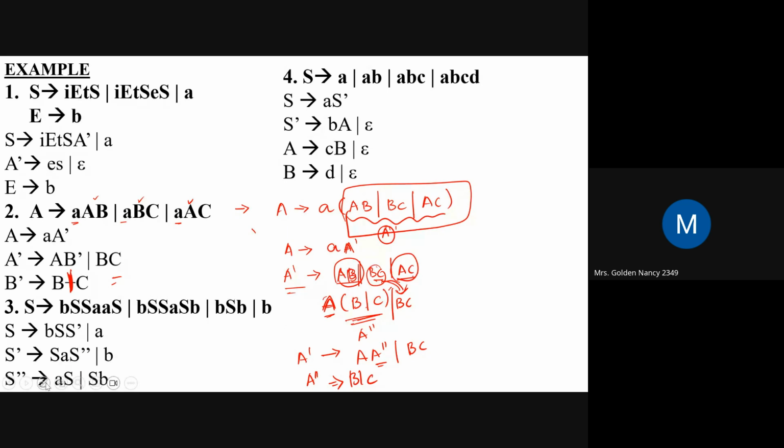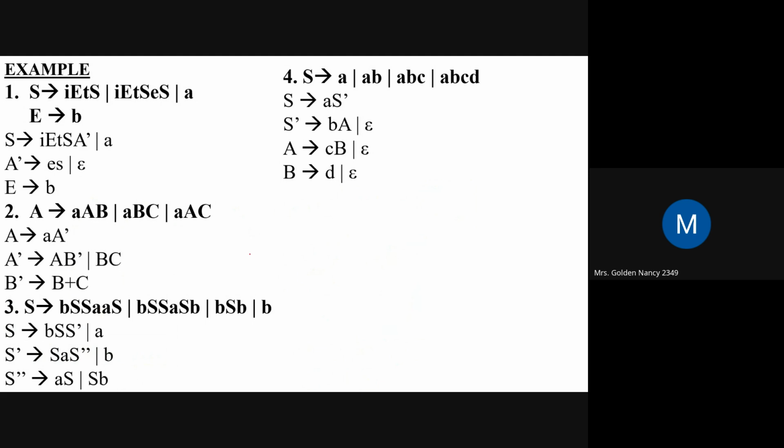Let me show another example. Learn slowly so that you'll understand clearly. See here, B is common, next S is common, right? So I'm taking BS outside. So S gives BS, then what remains from the terms: S, AAS, SA, SB, or SA, SB is common here, and only small b is common.